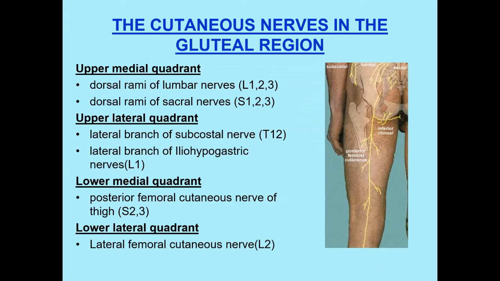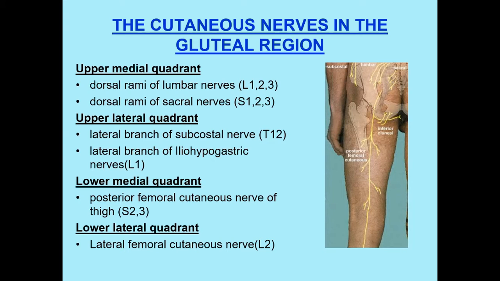The cutaneous nerves in the gluteal region. Upper medial quadrant is supplied by dorsal rami of lumbar nerves L1, 2 and 3, dorsal rami of sacral nerves S1, S2, 3.